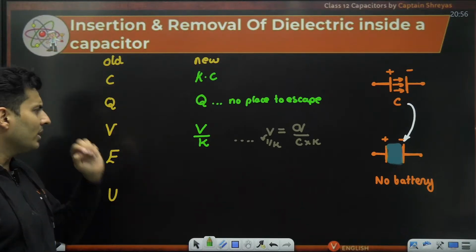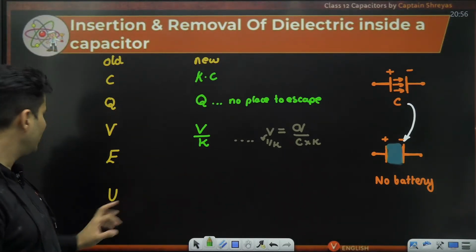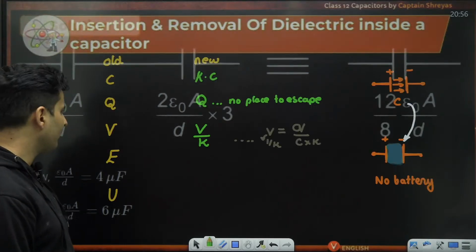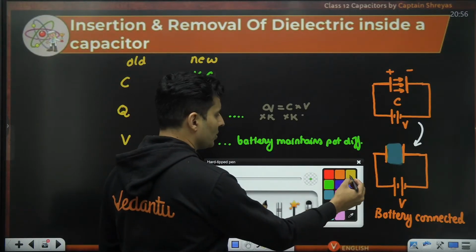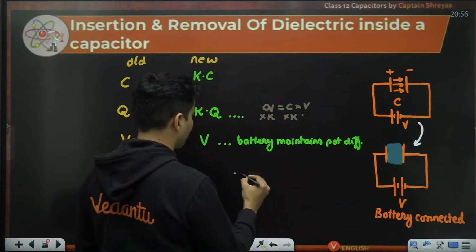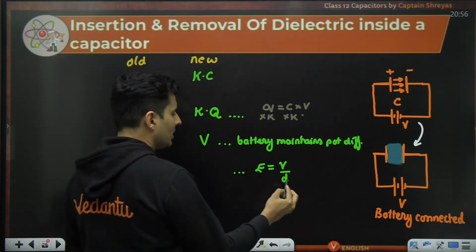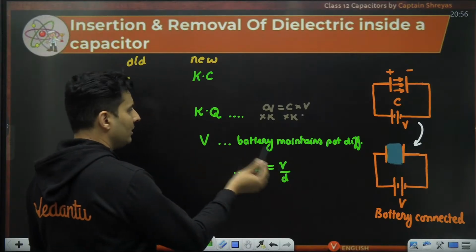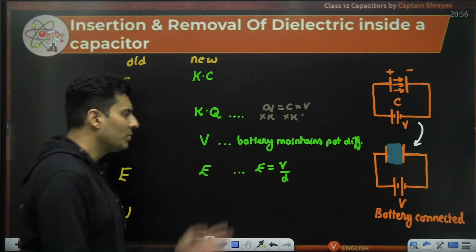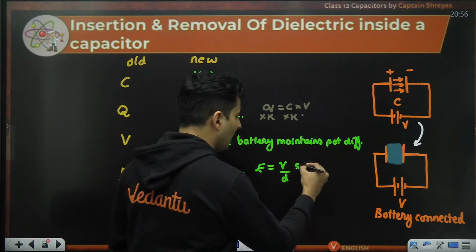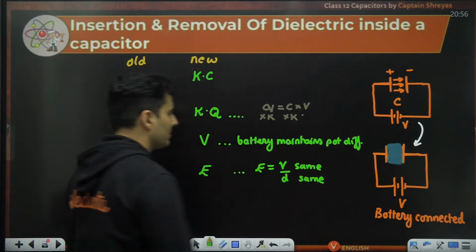Okay. What about the electric field? Which formula do I use? Electric field is voltage by distance. When the battery is there, distance didn't change, voltage didn't change, so the field will not change. The field will remain the same if I use this, because both the battery and the distance between the plates are the same.